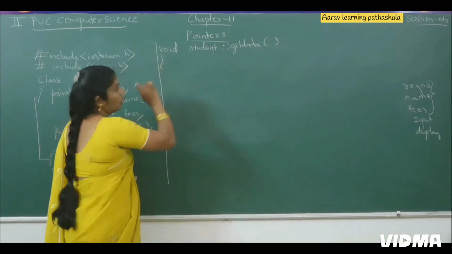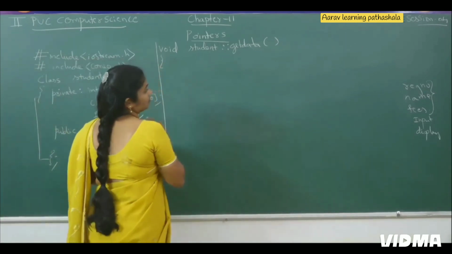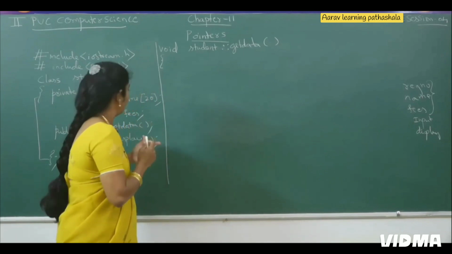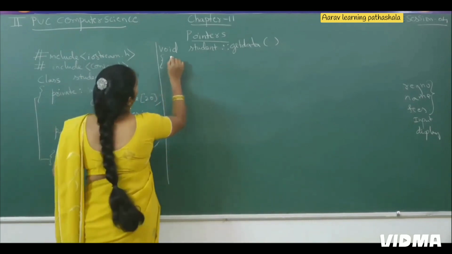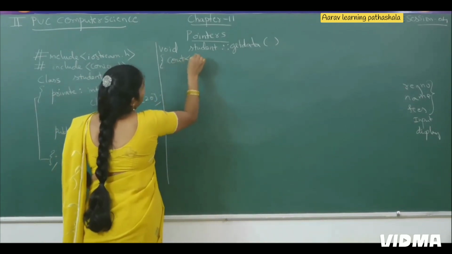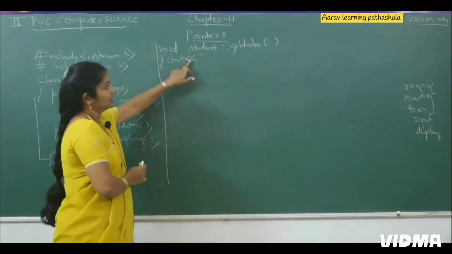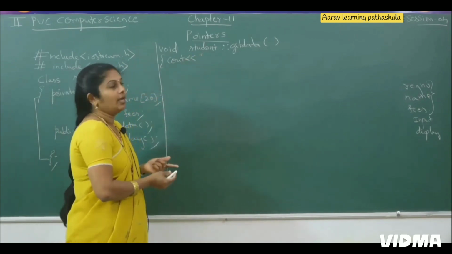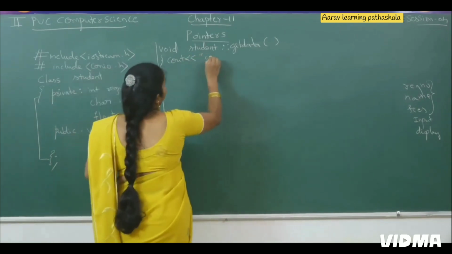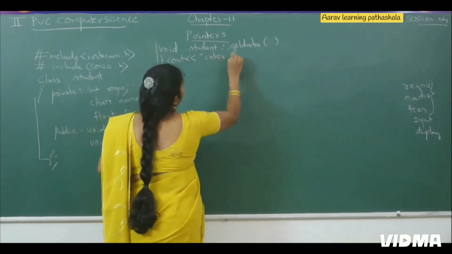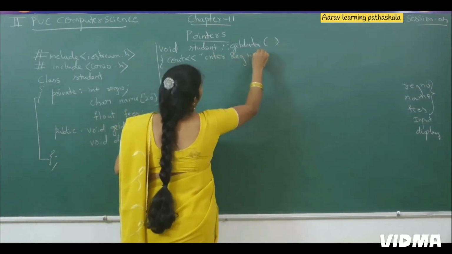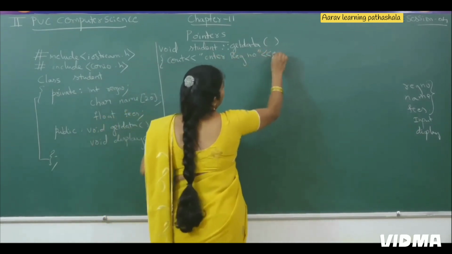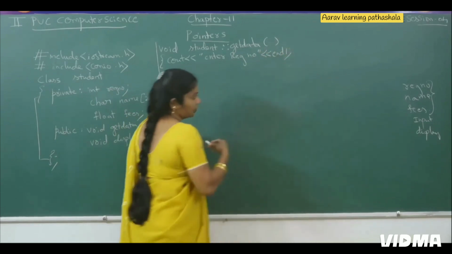Next, input all the values. What are the things we have to perform? We have to input all the values. First, cout, insertion operator, inside the double quotes write down enter register number. To move the cursor to the next line, endl function.